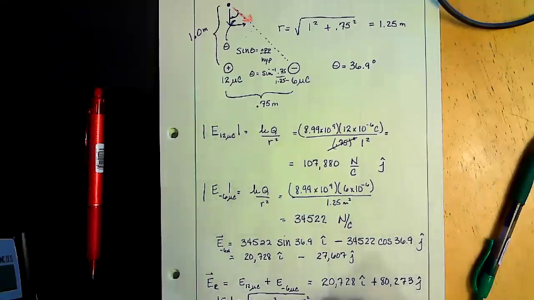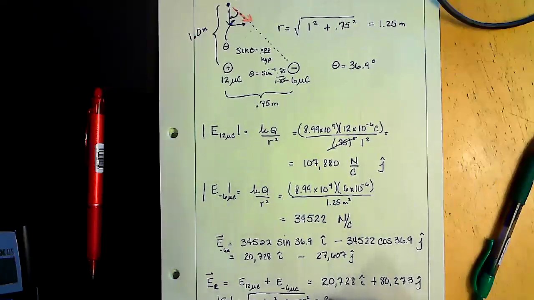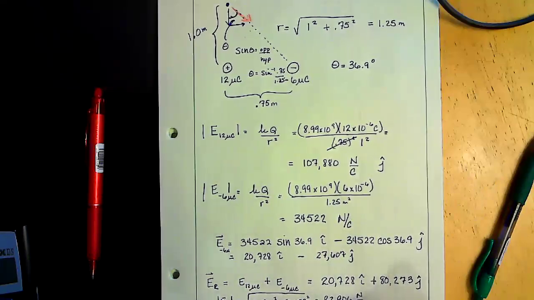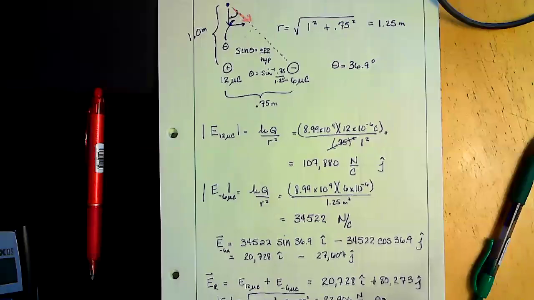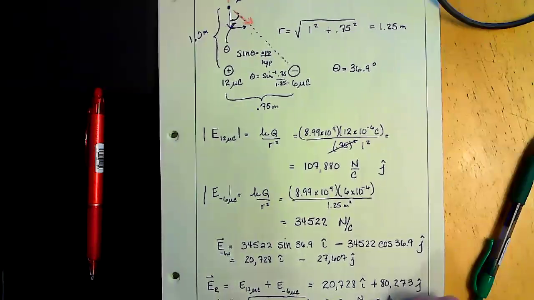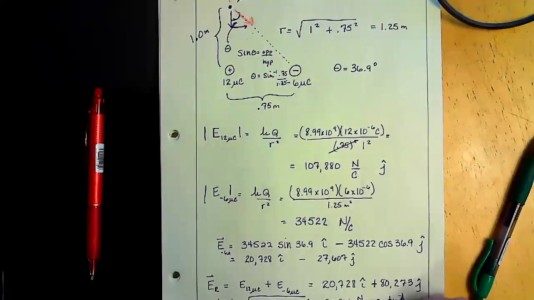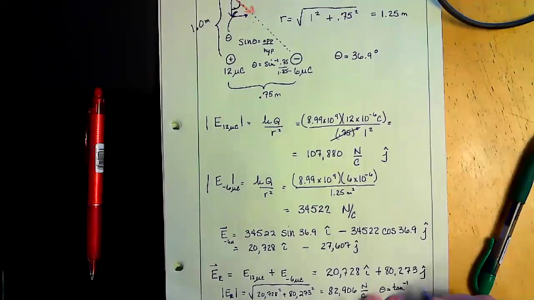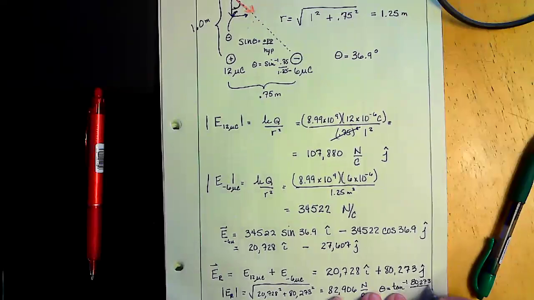This gives me 82,906 Newton coulombs. So that's the magnitude of my electric field. And the angle at that point is going to be the arc tangent of my y divided by my x. So we'll go ahead and do that.